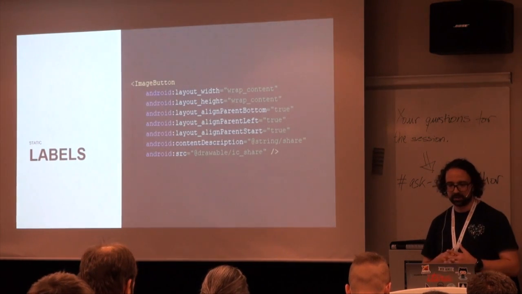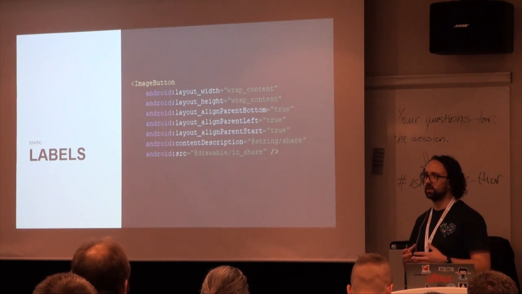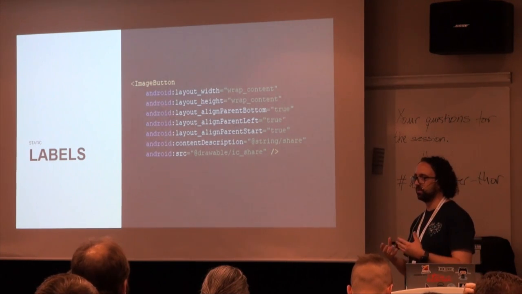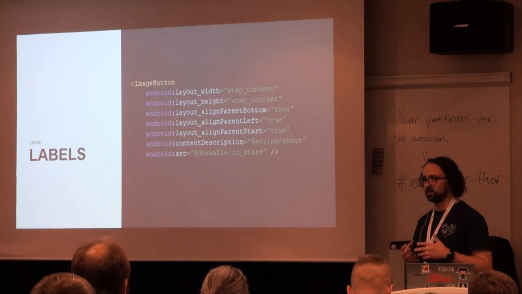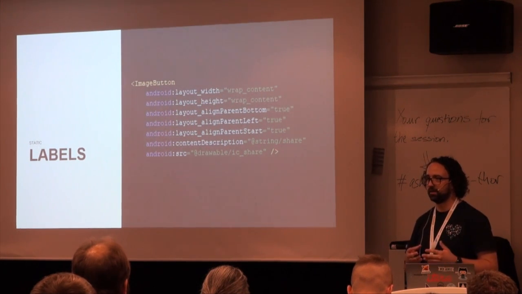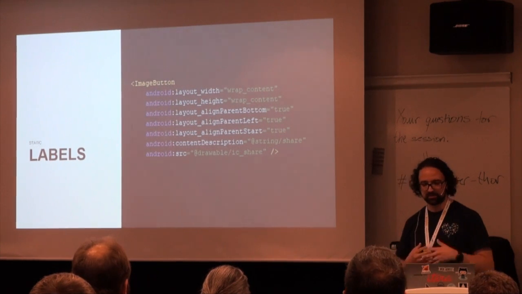So first, labels. Components that have visual text will have a text that is read out with assistive technology as well. But some components, like an image button, for example, don't have a natural text that can be read out loud, so you need to add that.